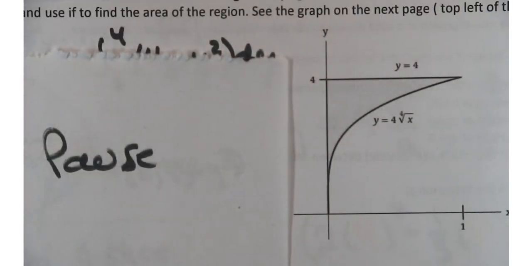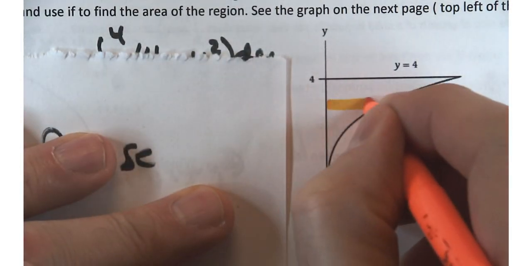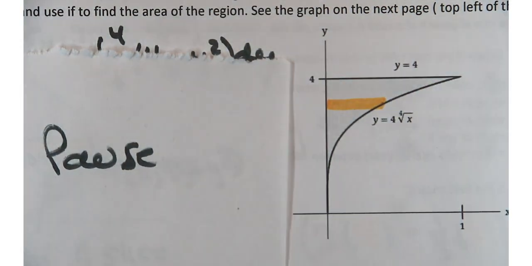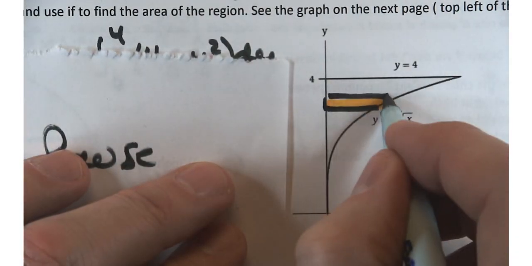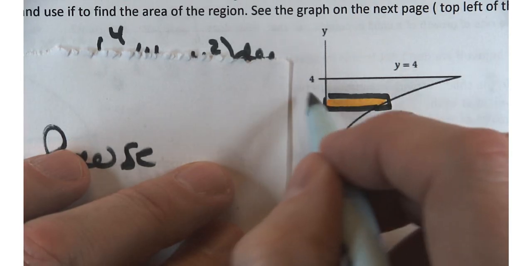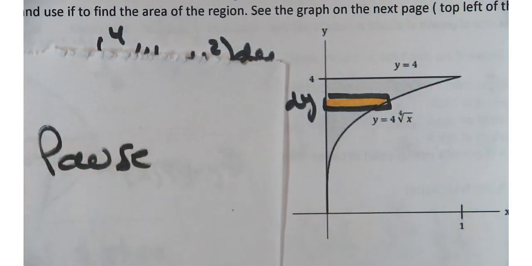So see if you can't do kind of the same thing that we did just a minute ago. Maybe draw yourself a little rectangle. Now this little piece here is going to be one side of your rectangle. It's going to have dimensions or length of dy. See if you can't put together a little expression to find the rest of it.